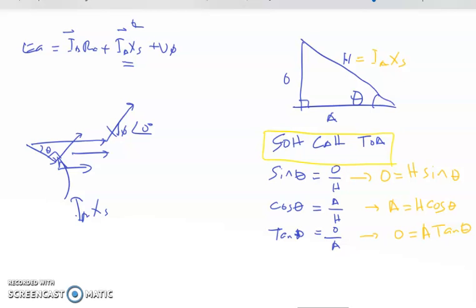So we have the voltage plus IAXS here. Then in certain cases, this IARA is neglected, so it becomes 0.